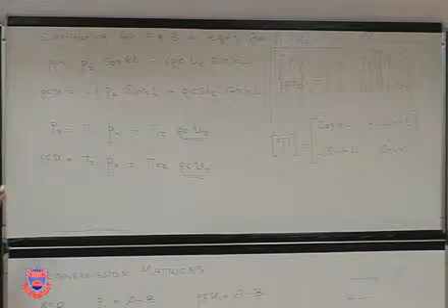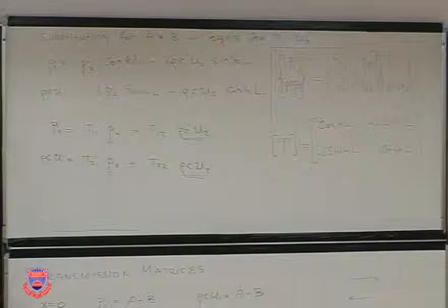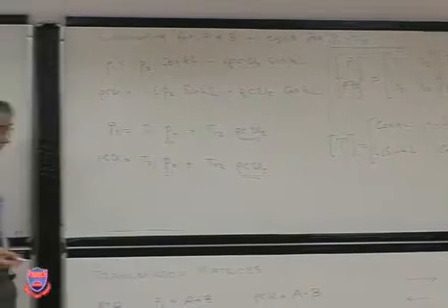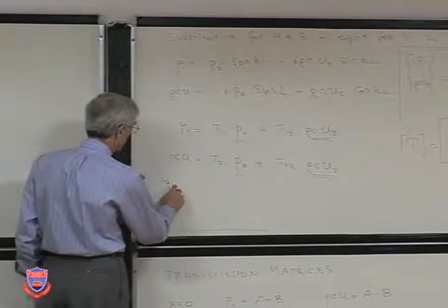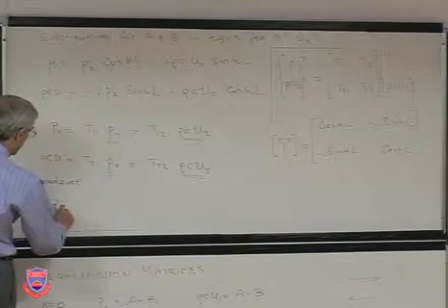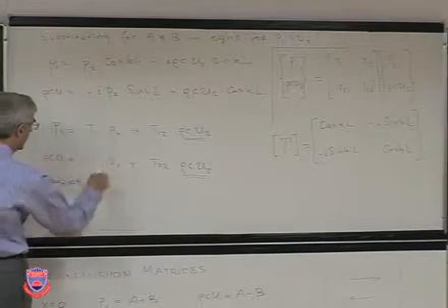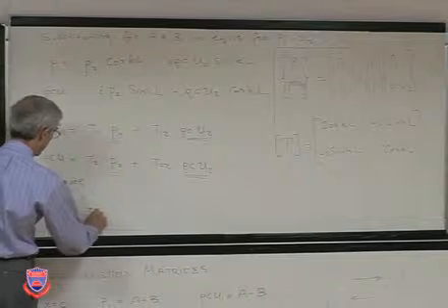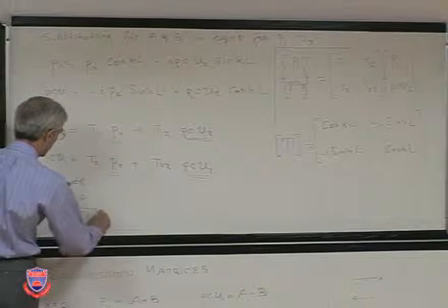Now, if we want to express the impedance in terms of a matrix, let's say Z1, then we divide them. P1 divided by rho c U1.